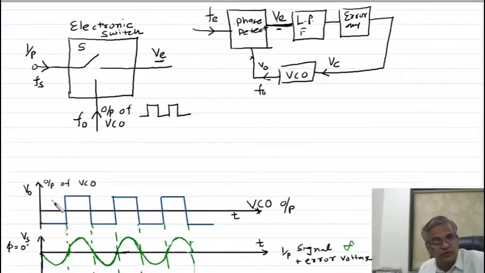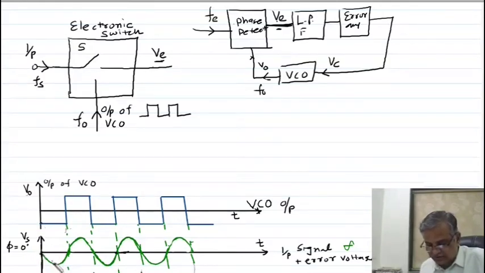In this diagram, VO is the output of the VCO, and this is the input signal. The phase of this input signal with FO is 0.